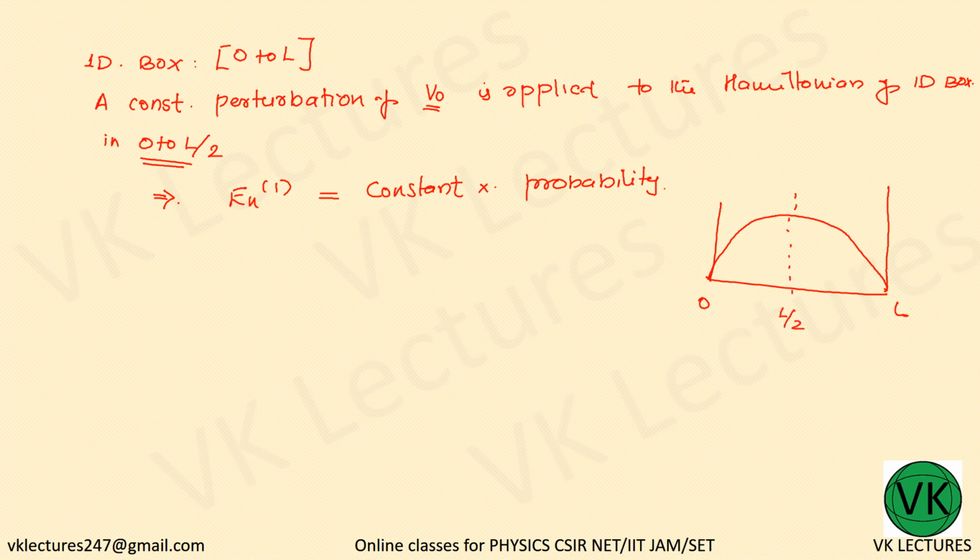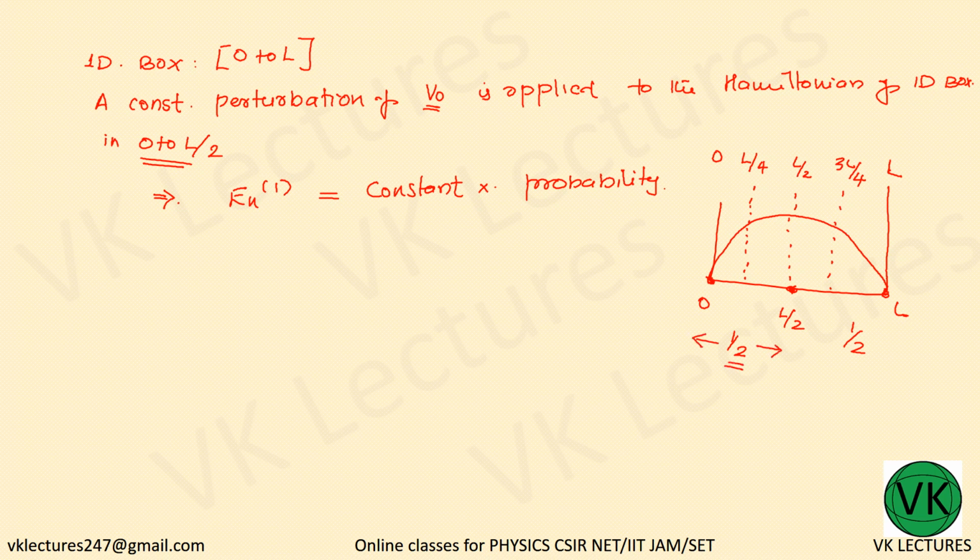So the probability of finding the particle from 0 to L by 2 is 1 by 2, and from L by 2 to L, this is also 1 by 2. In this all region we have already found, but the question is from 0 to L by 2. So from 0 to L by 2, the probability is 1 by 2.